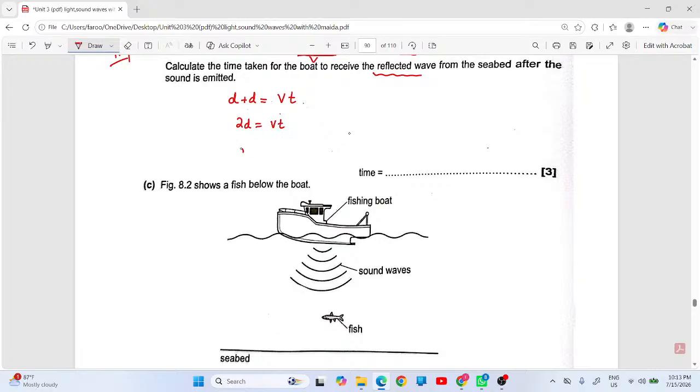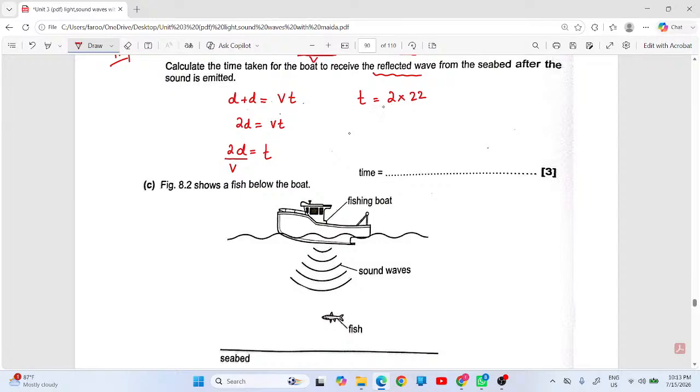So the total distance is 2d equals vt. So 2d over v equals t.